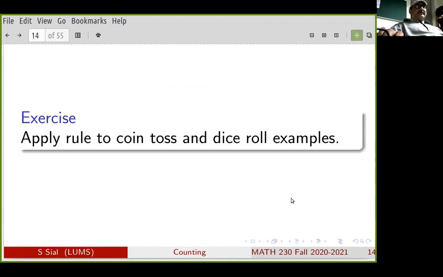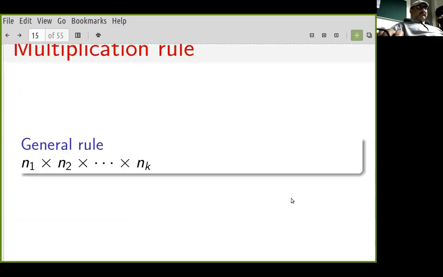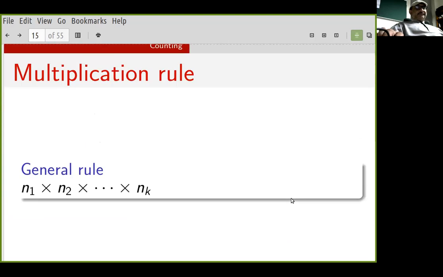And then each one of those possible outcomes can again be followed by 6 possible outcomes. So 6 times 6 is 36 possible outcomes for the completed experiment. And in general, this expands to n1 times n2 up to nk. Let's say that the experiment requires k steps.